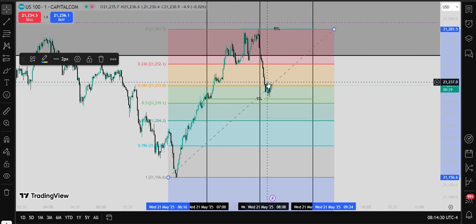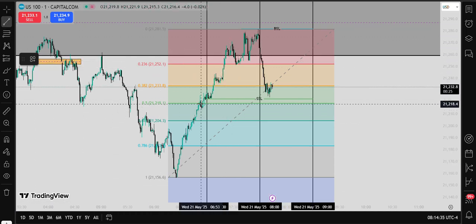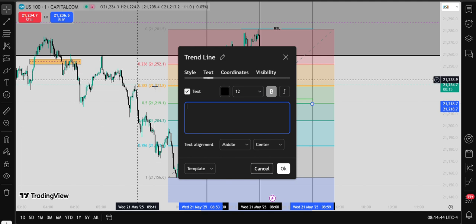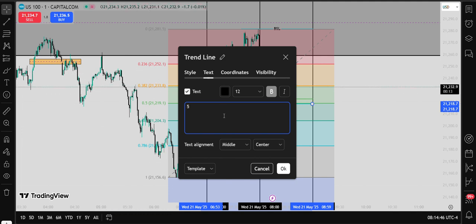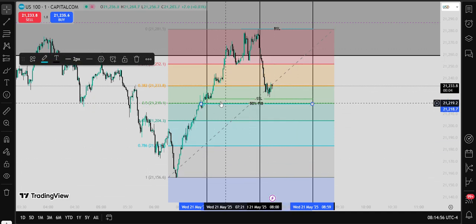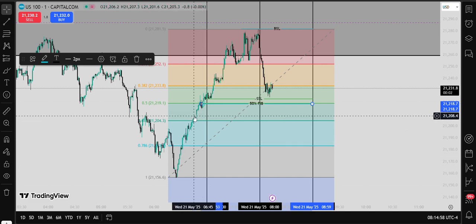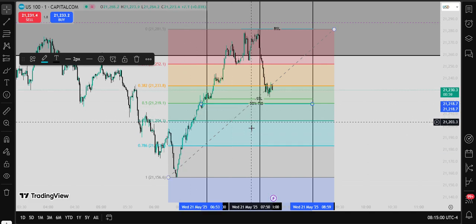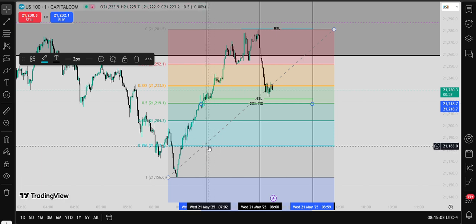So I'm currently measuring just to confirm and see, will the market actually give us a deep discount, which is actually right here. Let me just highlight it right there, and I'm going to type and write that is 50% fib retracement, and right below it you can see that the deepest discount we can get is up to here.